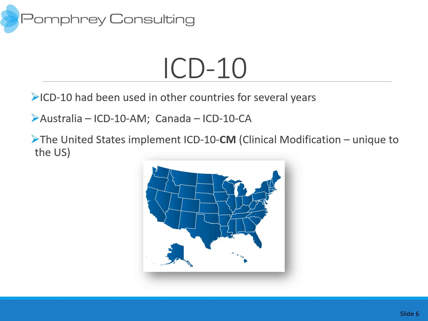Canada has modified ICD-10 to CA, specifically for how Canada classifies different diseases and diagnoses. Within the United States, it doesn't matter if you go state to state, it's still the same because it is that clinical modification for the United States as a whole.